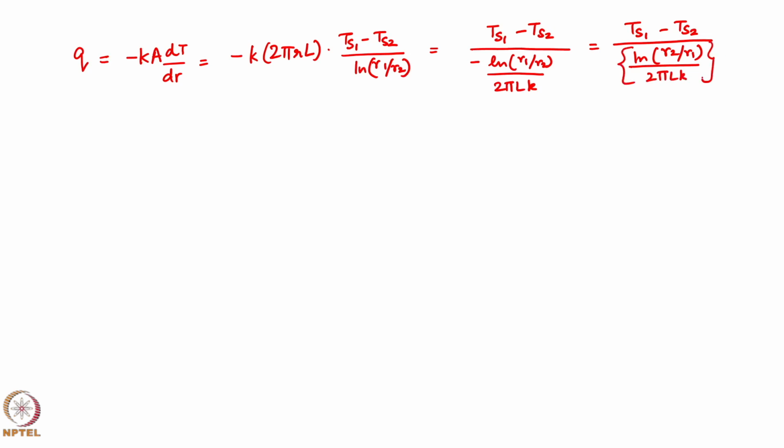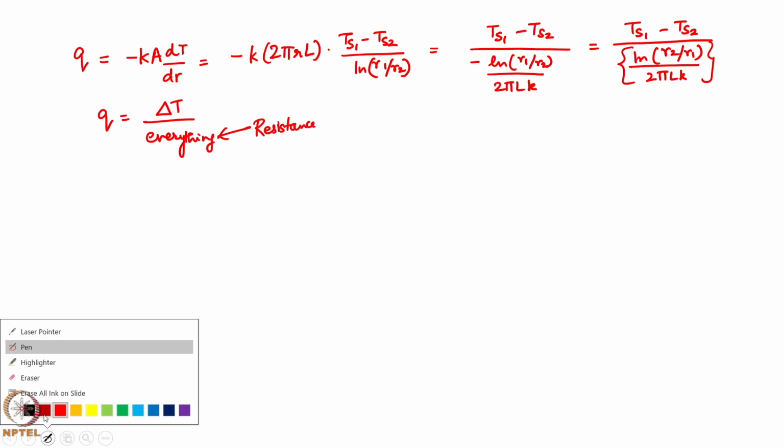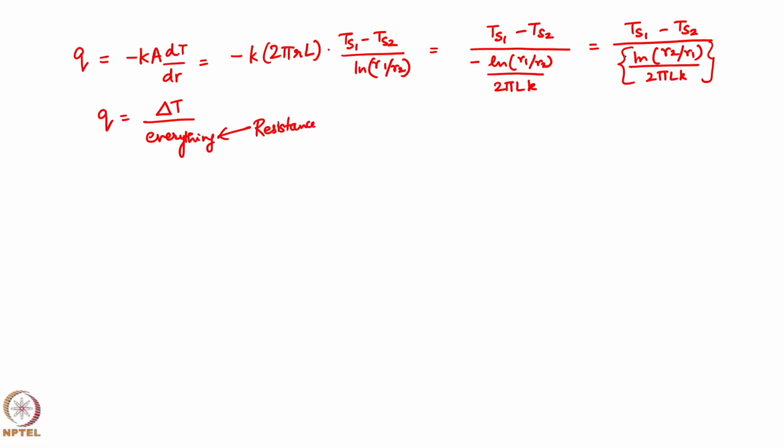And what did I tell? If I am able to write Q is equal to delta T by everything else, that everything else is my resistance, correct? So now, keeping the same definition in mind, this quantity is my conduction resistance for a hollow cylinder.